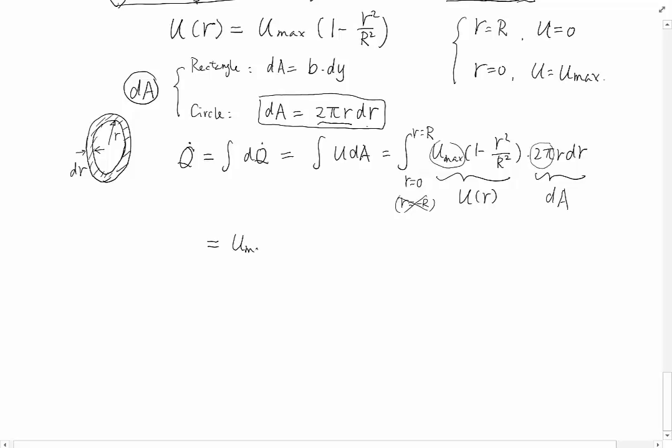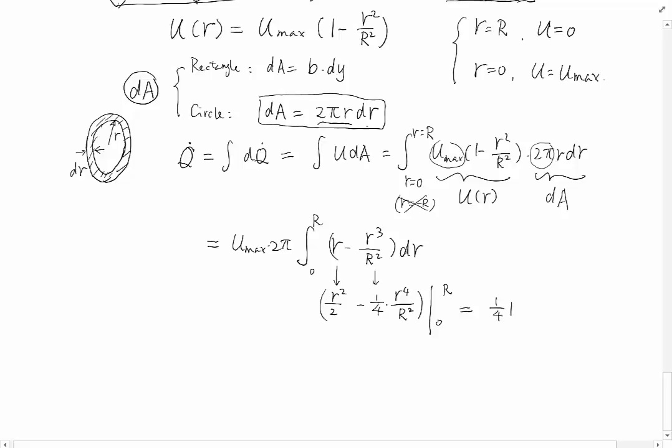So Umax 2 pi, and then what we have inside is r minus r to the third power over R squared, dr, from 0 to R. So this gives us half R squared, and this gives us 1 over 4 R to the 4th power over R squared.